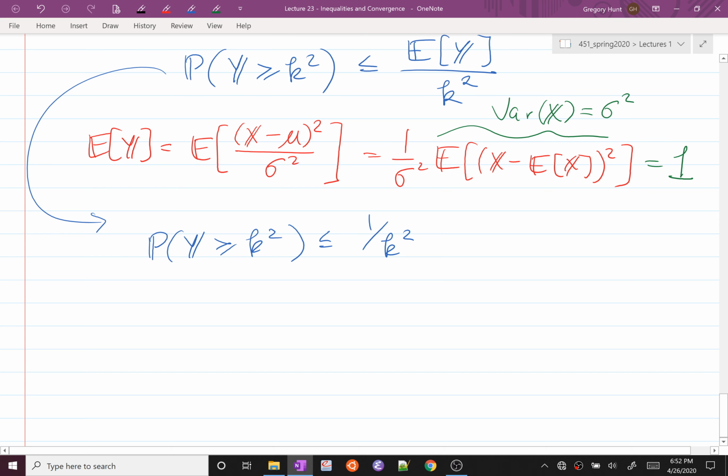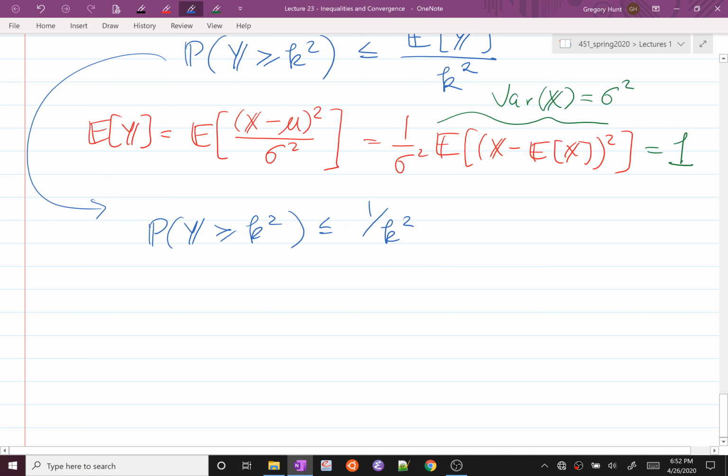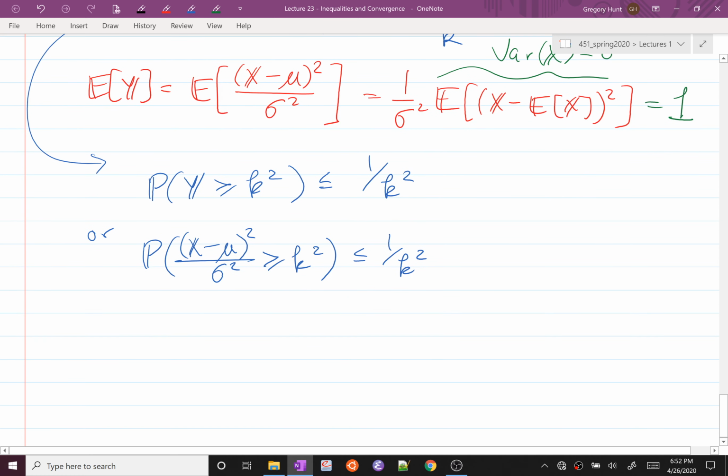And from there, we just have to fill in for what y is, so the probability that x minus mu squared over sigma squared is bigger than or equal to k squared is less than or equal to 1 over k squared. And I can certainly take the square root of both sides of the statement in my probability.